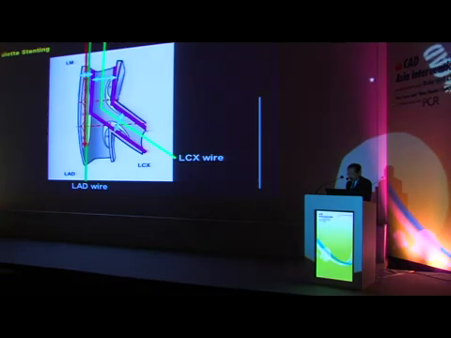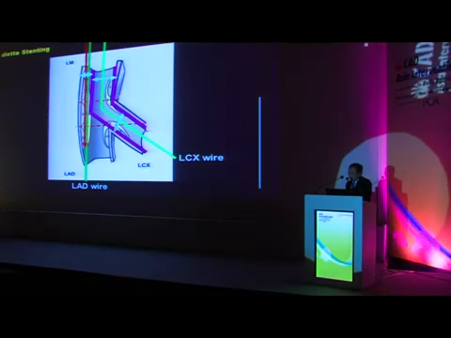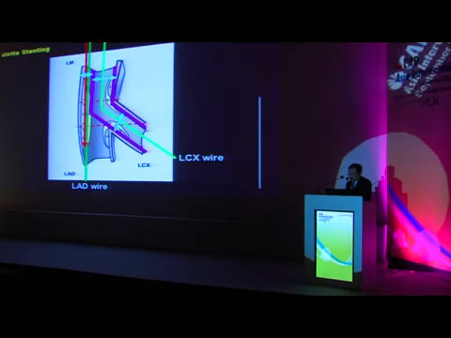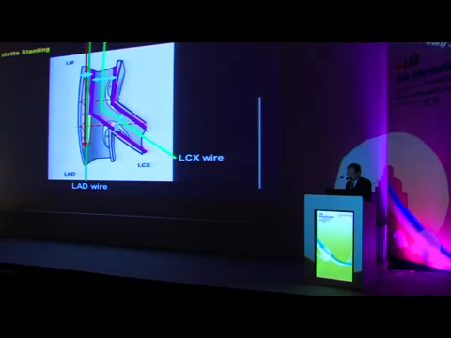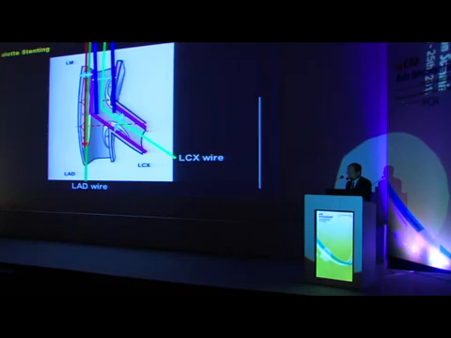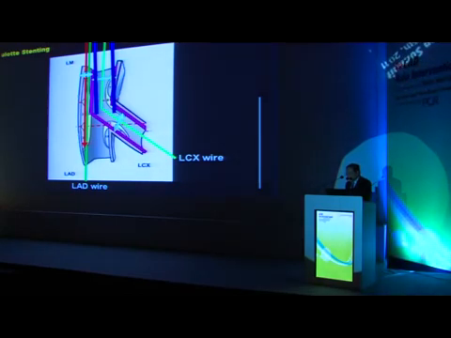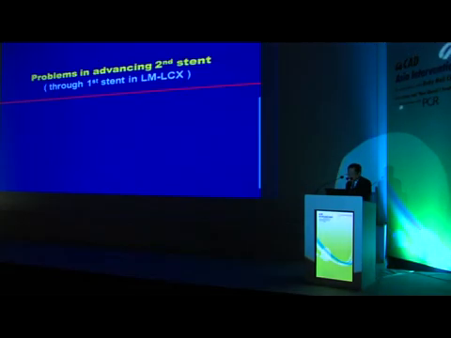So quite often you get your wire going underneath the strut of a stent. To avoid this, if you have not optimized the proximal segment of the left main stent, you can bring in the Crusade catheter in the true lumen within the stent, and then facilitate the passage of the wire to the other segment.